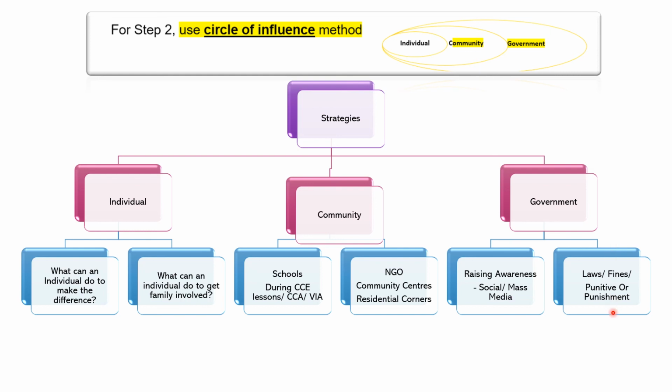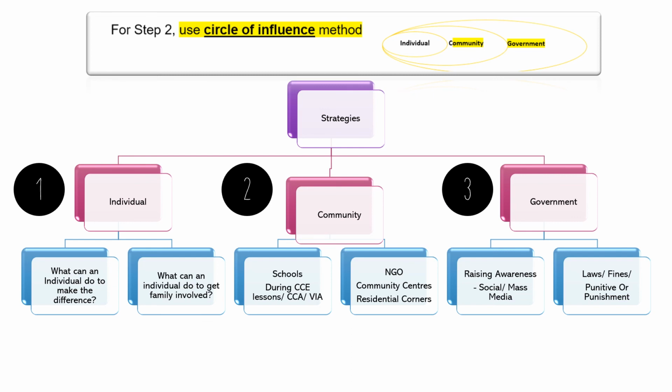This is what we call punishment. So there are a few possibilities when we look at it. When I say circle of influence, the strategy can be an individual strategy, a community strategy, or a government strategy.